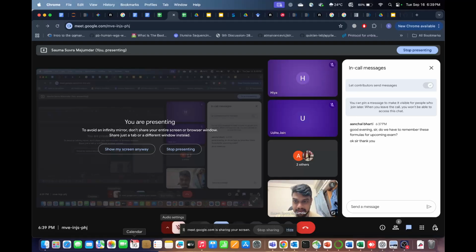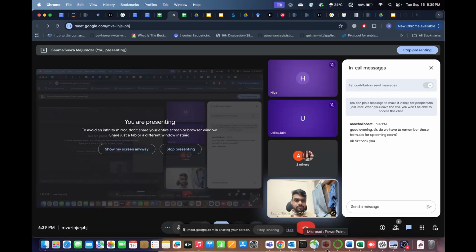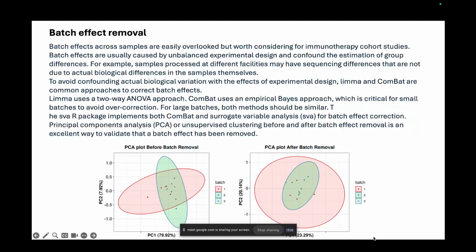Sorry for that. Okay, so something that we see is batch effect removal, right? It is variability in the data not because of differences in biological expression of genes, but because of differences in experimental conditions.